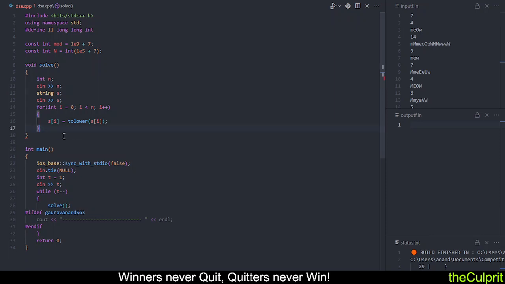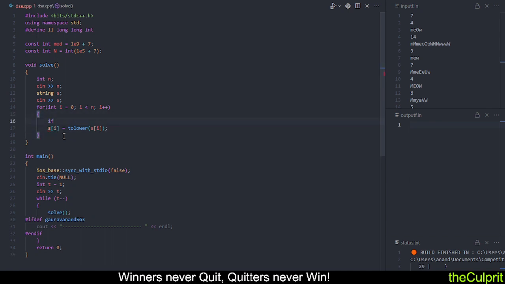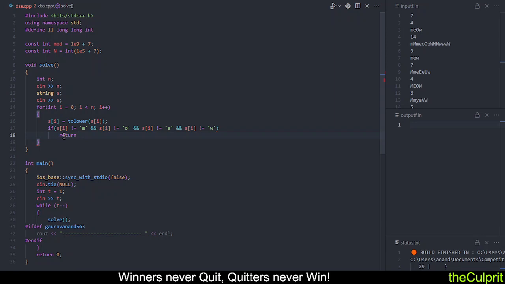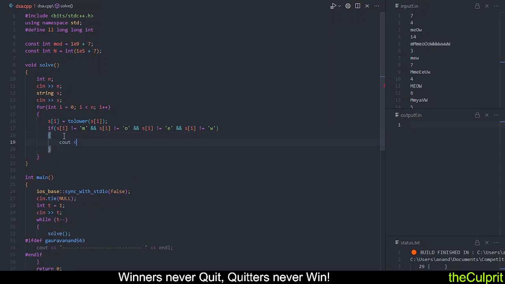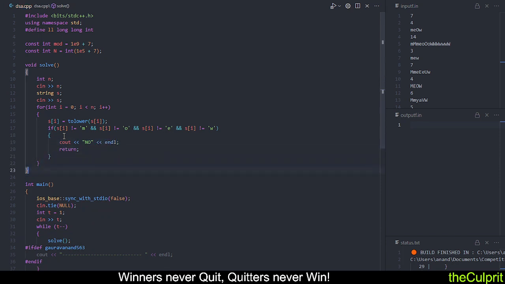If I find a character where s of i is not equal to m, s of i is not equal to e, s of i is not equal to o, and s of i is not equal to w, then I should simply return a no. This is one case.